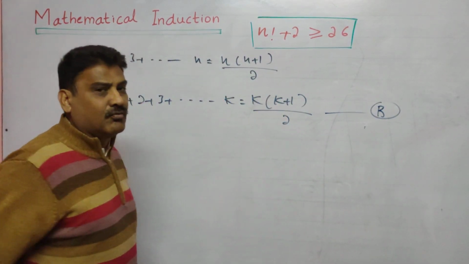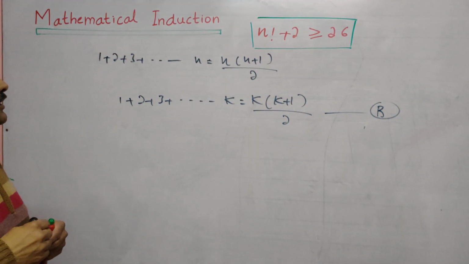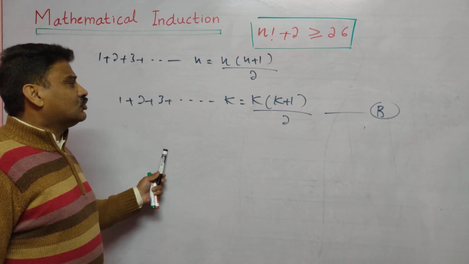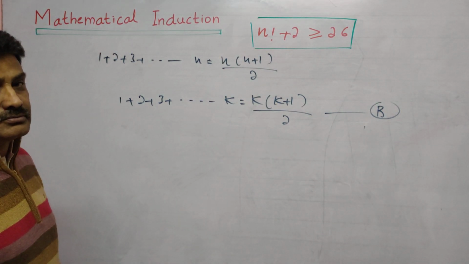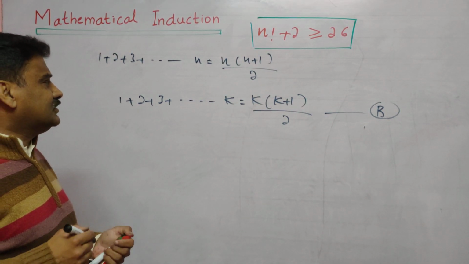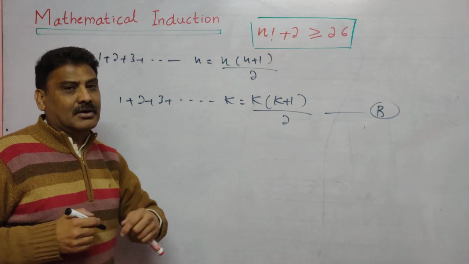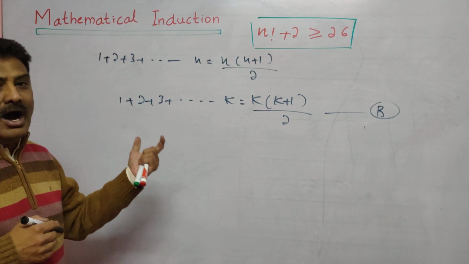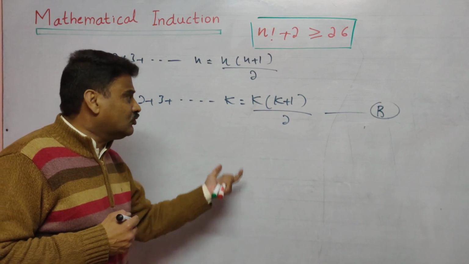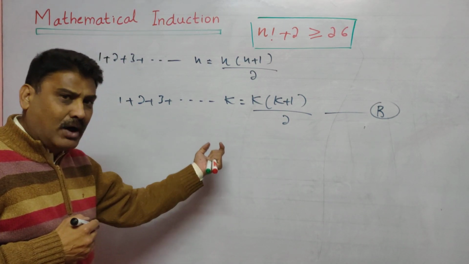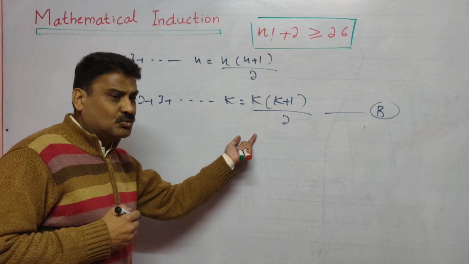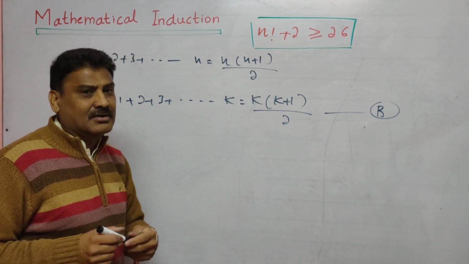Now in the last step, we have to prove that the statement is true for n equal to k plus 1. How can we prove that it is true for n equal to k plus 1?